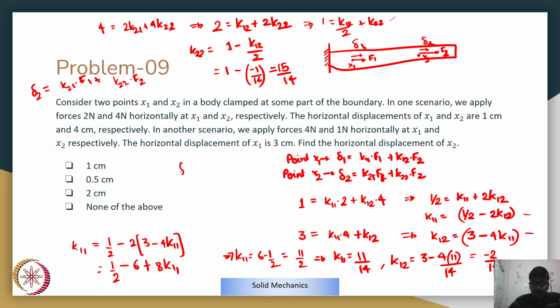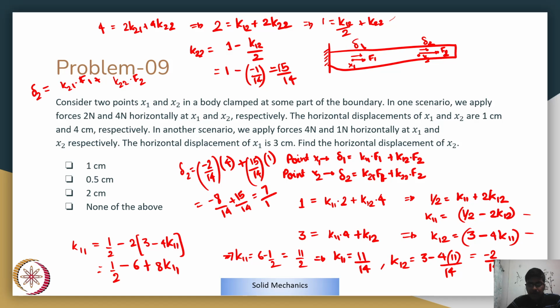So my delta 2 becomes minus 2 by 14 into, what is my force? F1 is 4, plus k22 is 15 by 14. What is my force here? It's 1. So I got minus 8 by 14 plus 15 by 14, which is nothing but 7 by 14, which is nothing but 0.5. So my horizontal displacement of x2 becomes 0.5 centimeters.